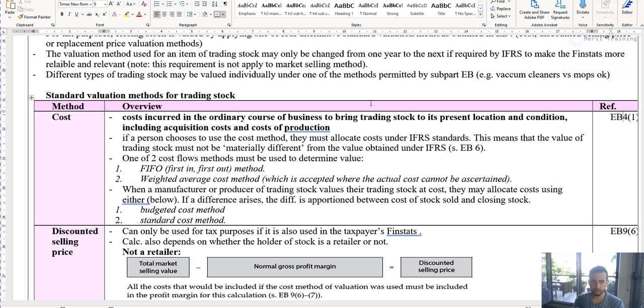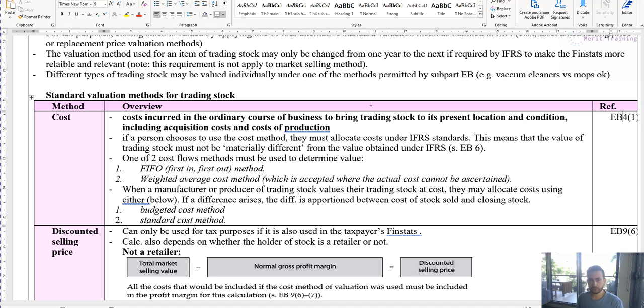Anything like that would be included in the cost. There's another consideration here: if you choose the cost method, you must allocate costs under IFRS standards. That means the value of the stock shouldn't be materially different to what you valued it at per the accounting standards in your own financial accounts.